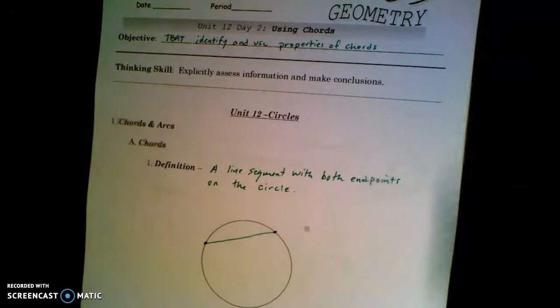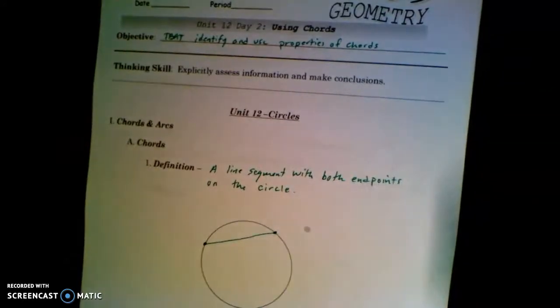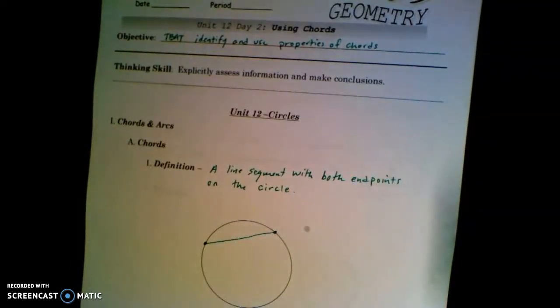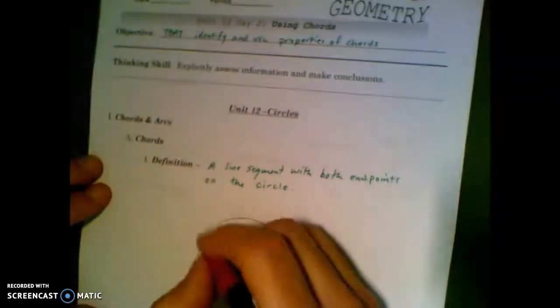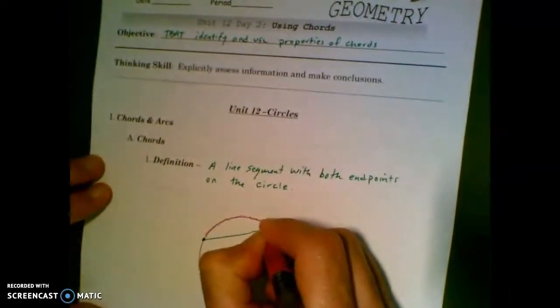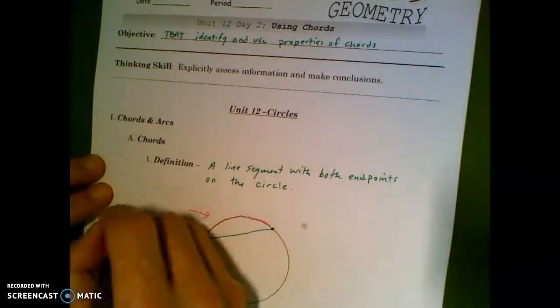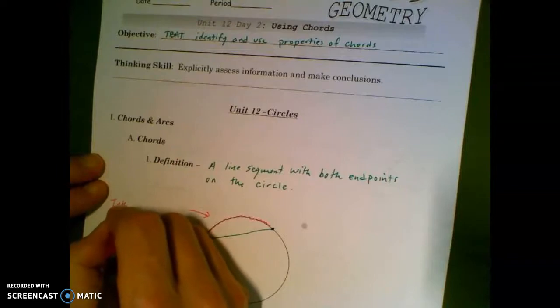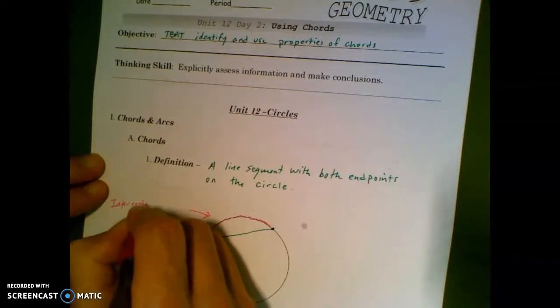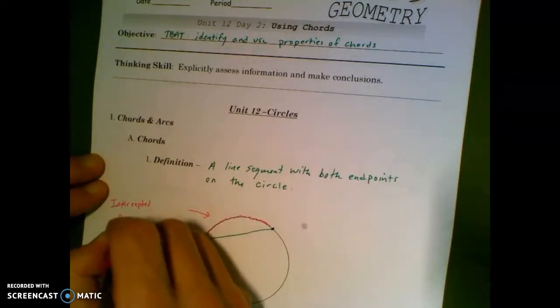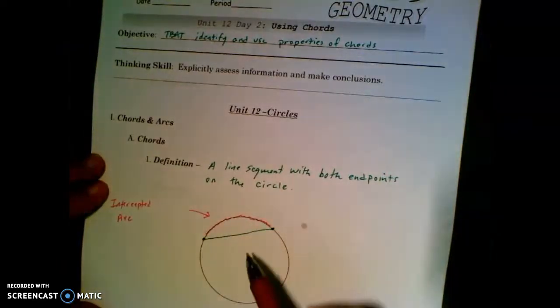Now a chord's going to have a couple parts associated with it. One of the parts is what Joey was showing you, a portion of the circle called an arc. Again, this right here is the intercepted arc. I'm not sure why they call it intercepted, but that's what they call it. Intercepted arc. Again, it's kind of created by that chord.